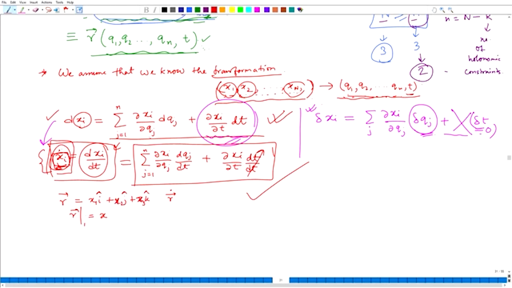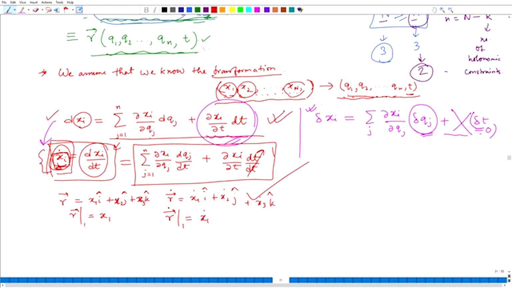The first component is x1, and that is why while I am writing r dot, it will be x1 dot i cap plus x2 dot j cap plus x3 dot k cap, and my r dot vector's first component will be simply x1 dot.